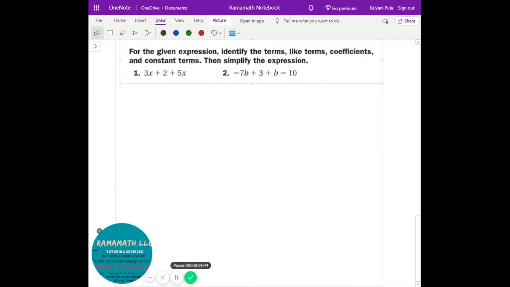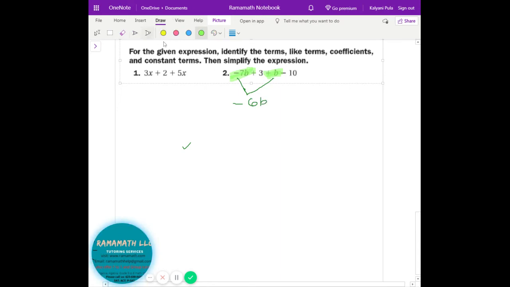So the first one is good. You got 8x plus 2, that's good. But the second one, let's look into the like terms. In this one, like terms are negative 7b and positive 1b. Negative 7 plus 1, what do you get? Negative 6b.